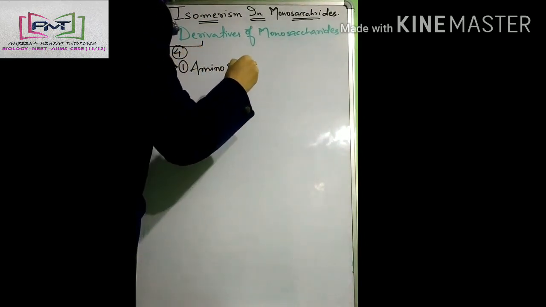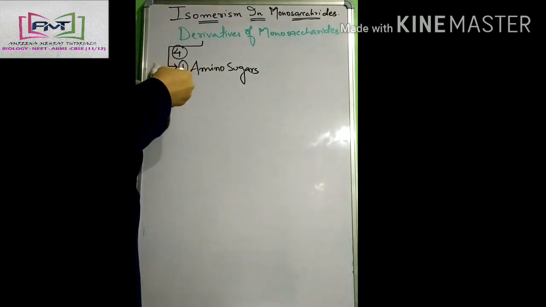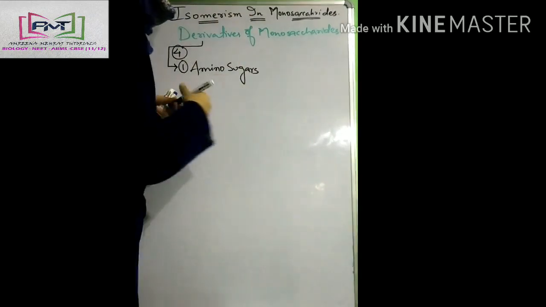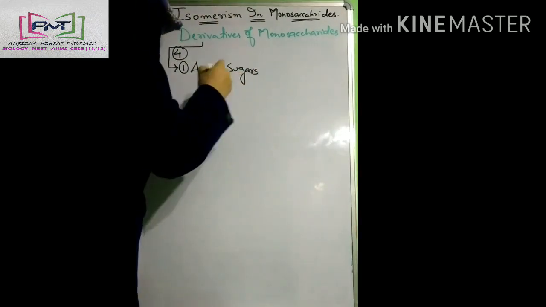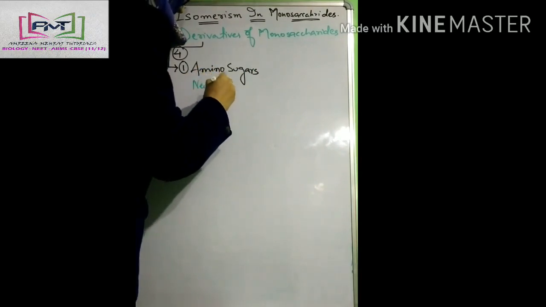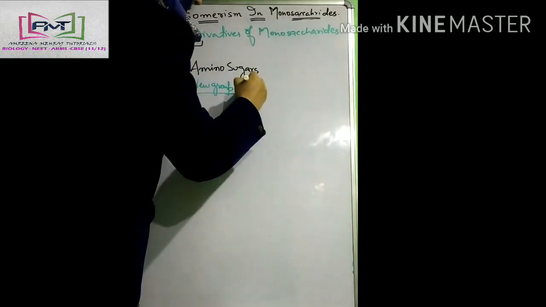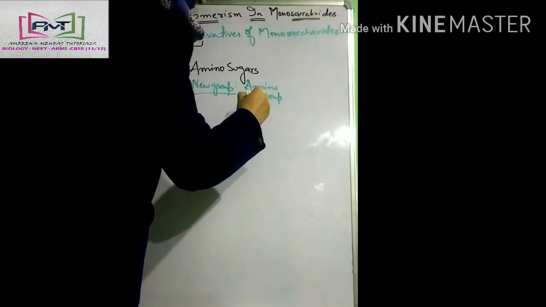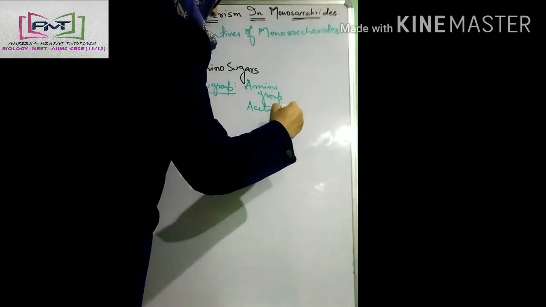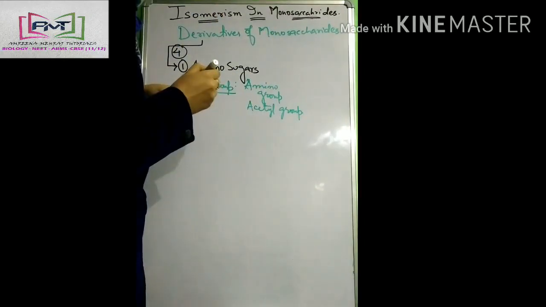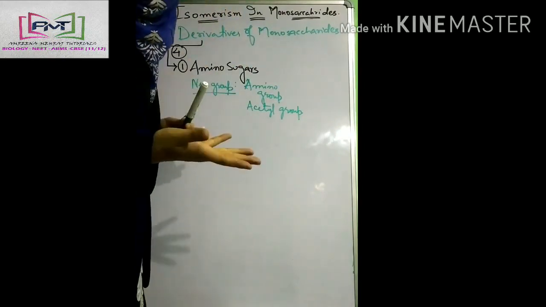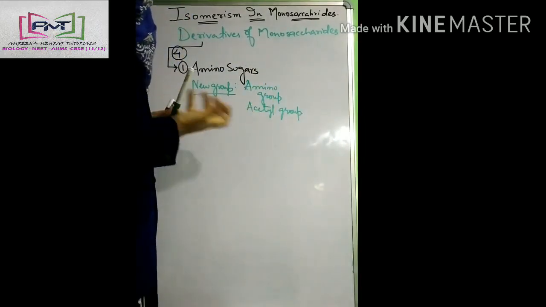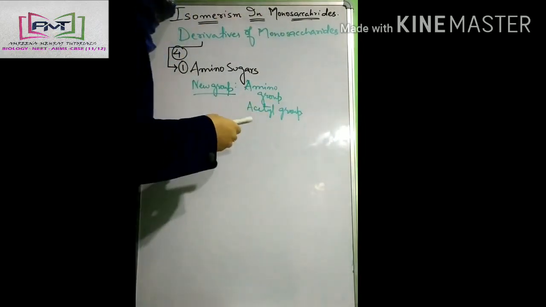Amino sugars. So it's a sugar, a monosaccharide, but they have got which group? Amino group. In case of amino sugars, the new group which is added is either an amino group, or in certain cases even an acetyl group attached to the sugar. Say for example, the sugar is glucose, and at different places you will have either an amino group attached at some OH, or some acetyl group attached to it.